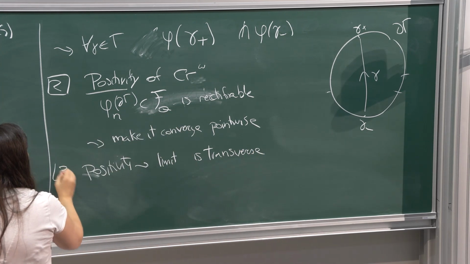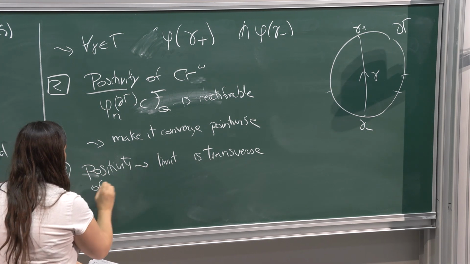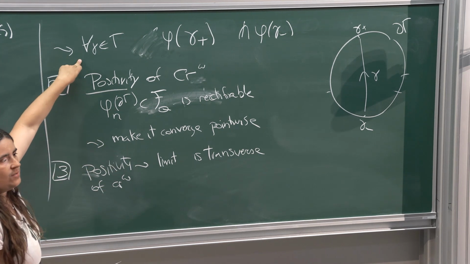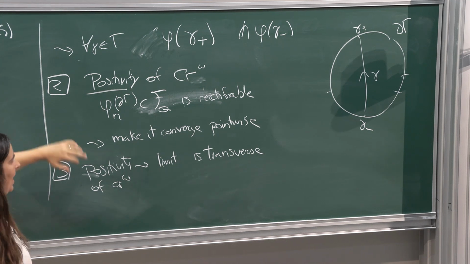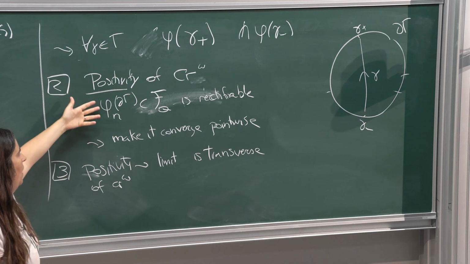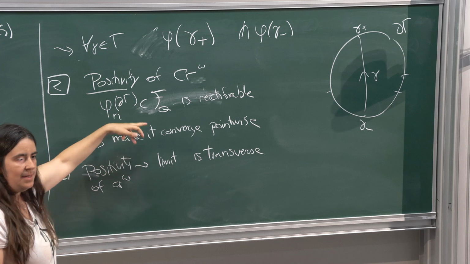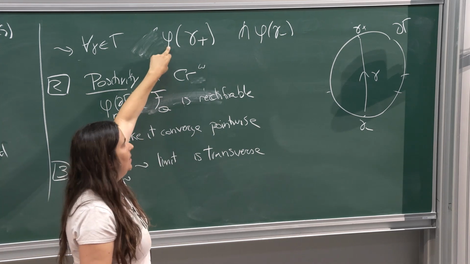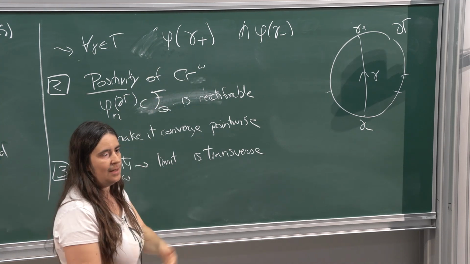Maybe the positivity of the cross ratio together with this seed of transversality lets me get transversality everywhere. So I have this sequence of maps, I extract a pointwise limit, and I can make this pointwise limit agree with this value that I had here, and I can spread this seed of transversality to get that this is transverse everywhere.